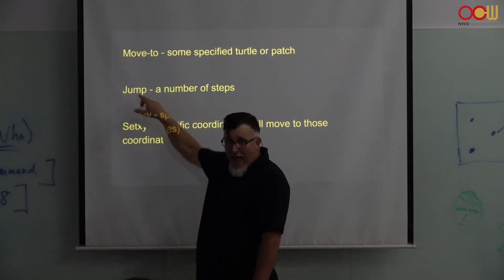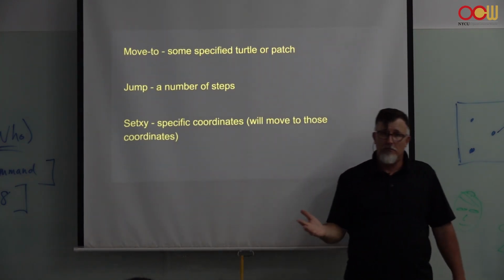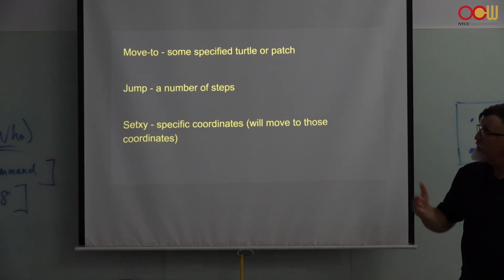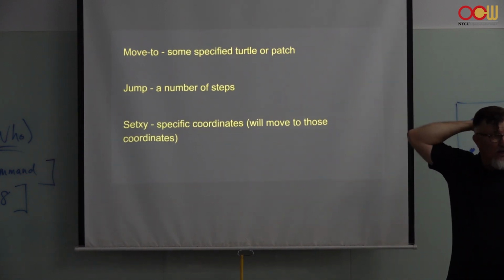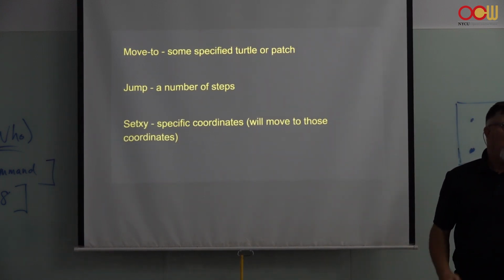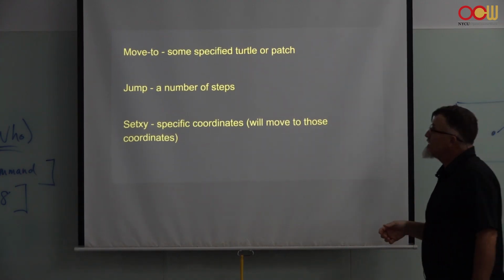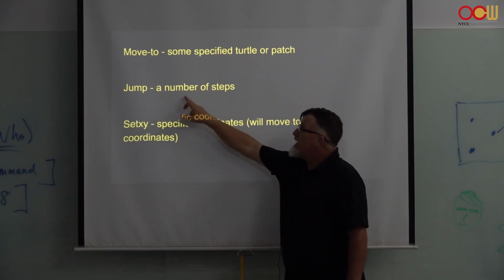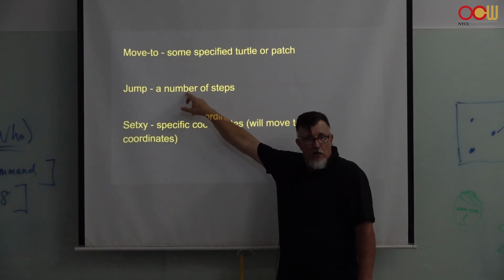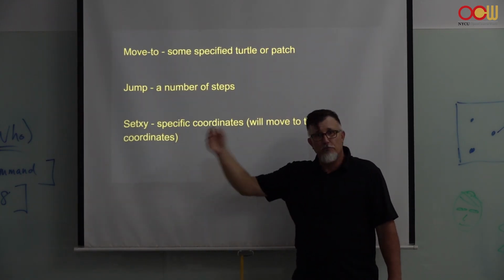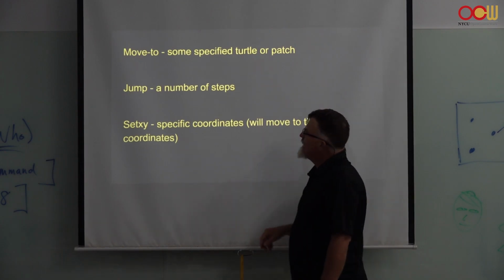You can also ask it to just jump. Right? Jump and move to are kind of similar. Under certain conditions, jump may cause different outcomes as opposed to others. So you say jump, and then you tell it how far. You type that in, and your turtle will jump to a new spot.